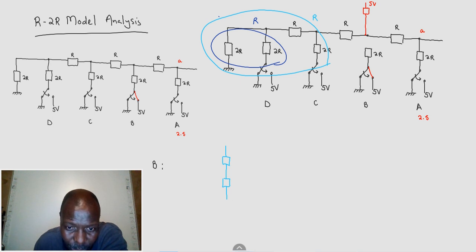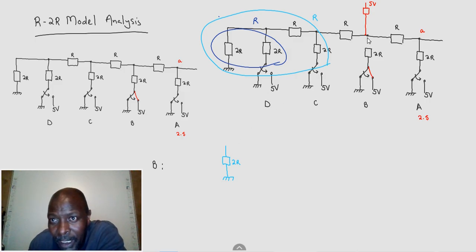So I might as well put 1 2R. I hope people get that. Okay, this is my 2R, combining those two, and this is grounded because they were all parallel and connected to ground.